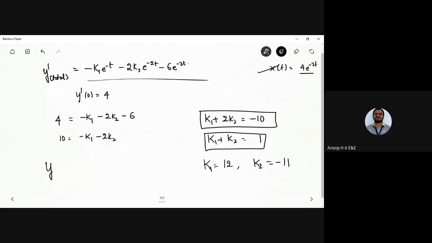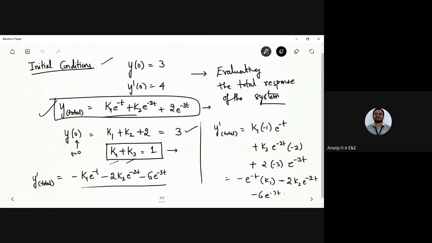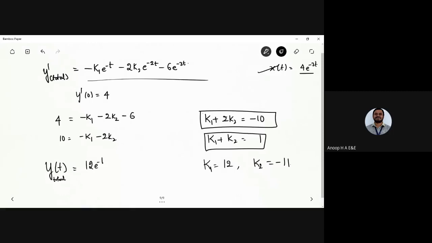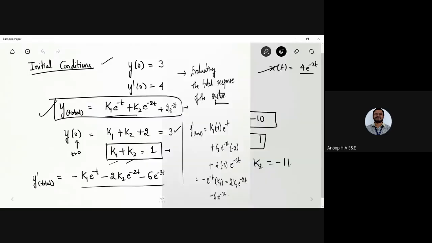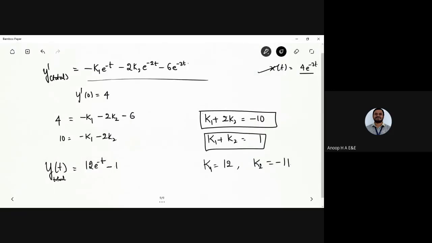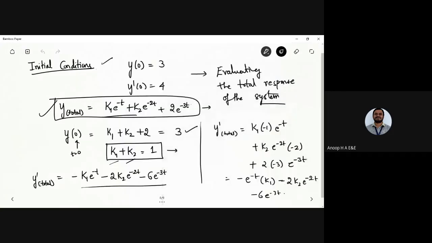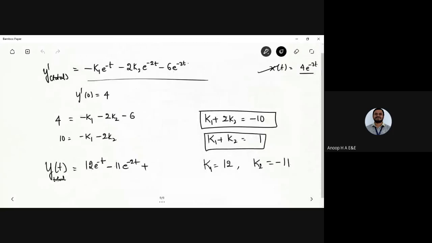So the output of the system, y total, how would it look? It would be k1, that is 12 e power minus t, plus k2, that is minus 11 e power minus 2t, plus 2 times e power minus 3t.